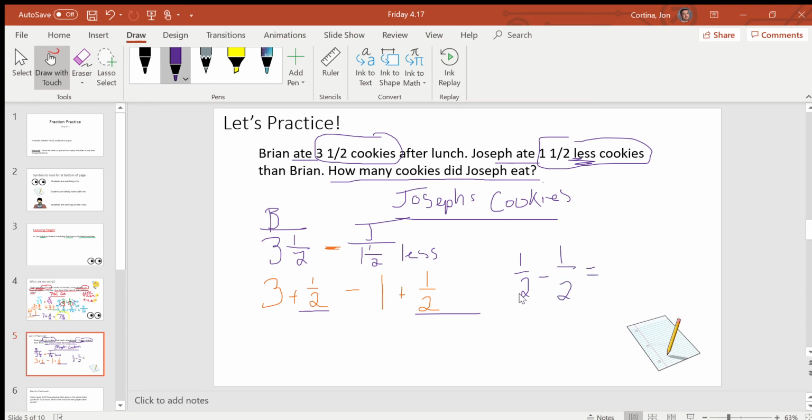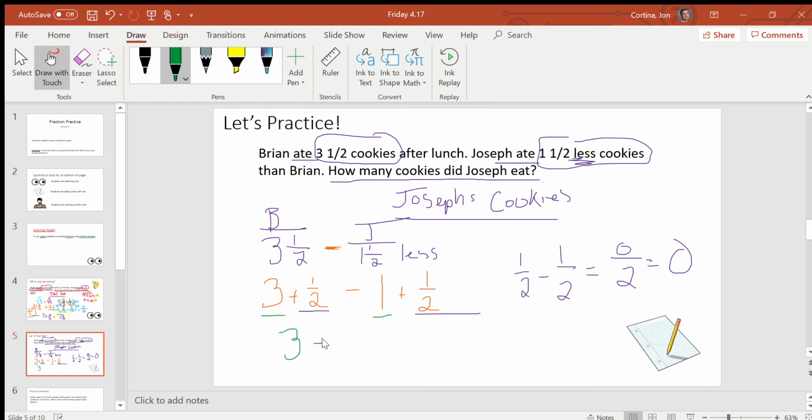Well, they have the same denominator, so we can subtract. What's 1 minus 1? And we're left with 0/2. And this just means 0. Now we're going to go to our wholes. We have 3 minus 1.